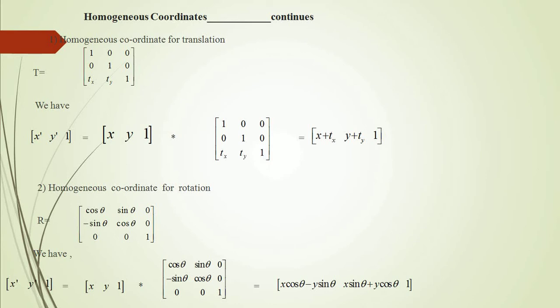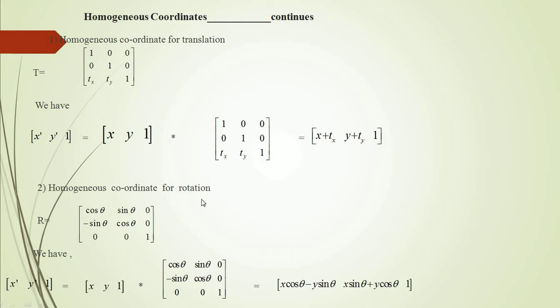In translation, P' = P into this matrix, and we get x plus tx, y plus ty, and 1.